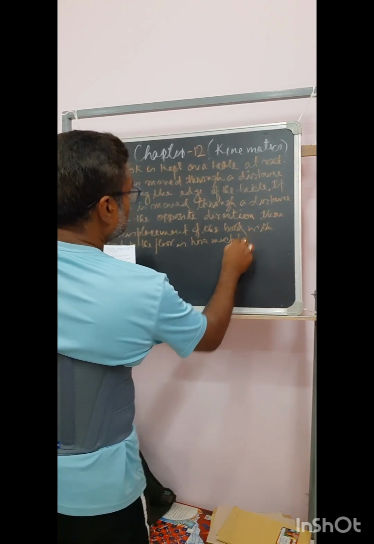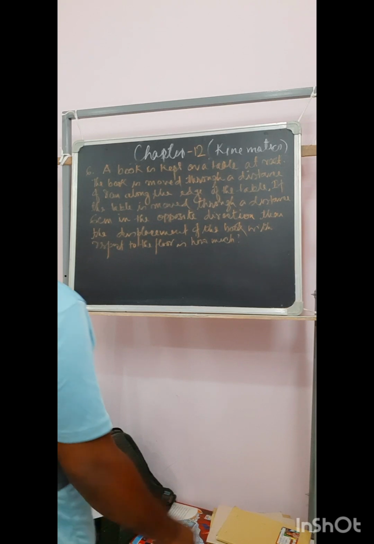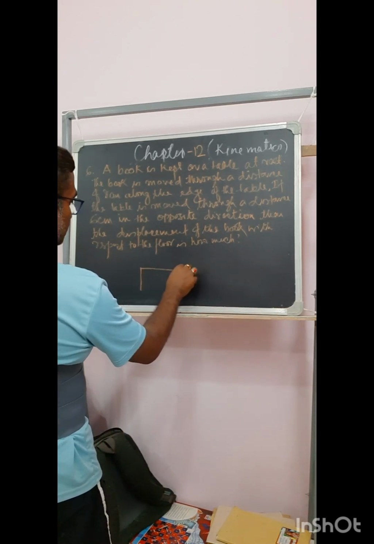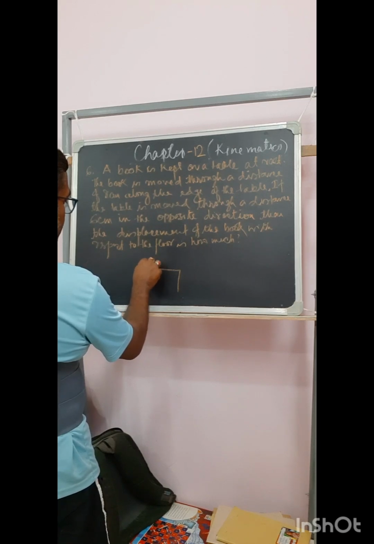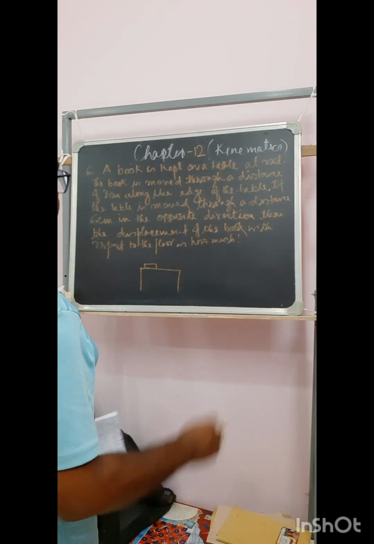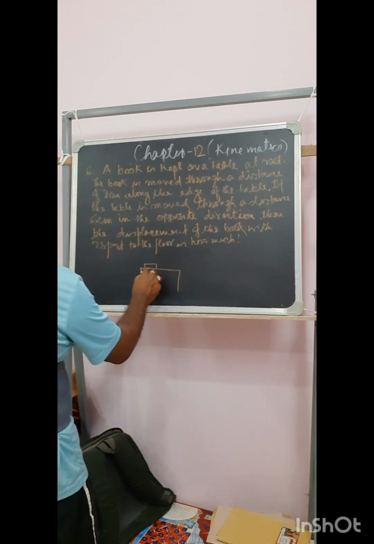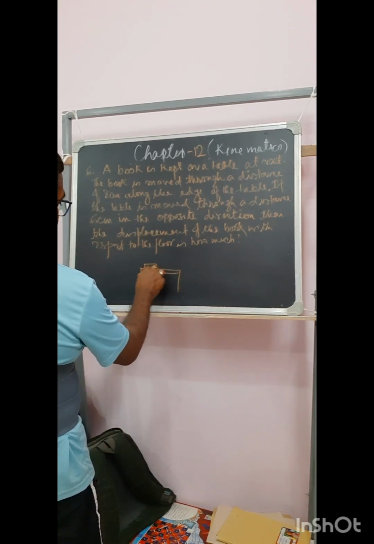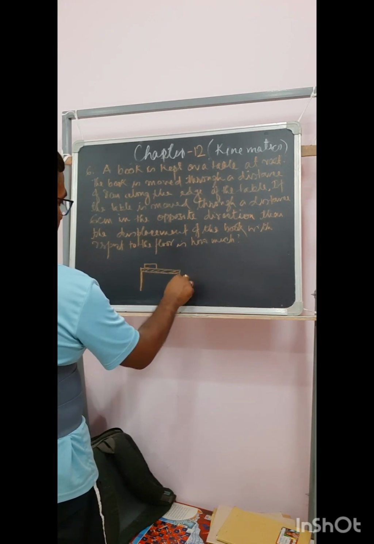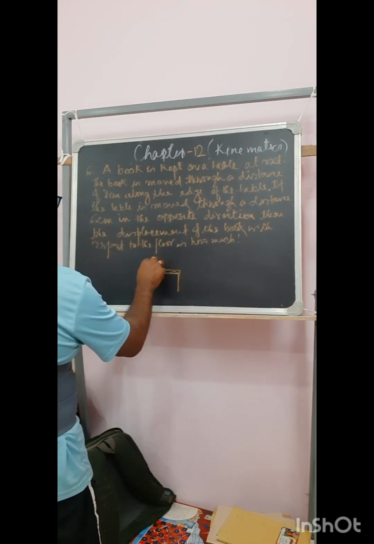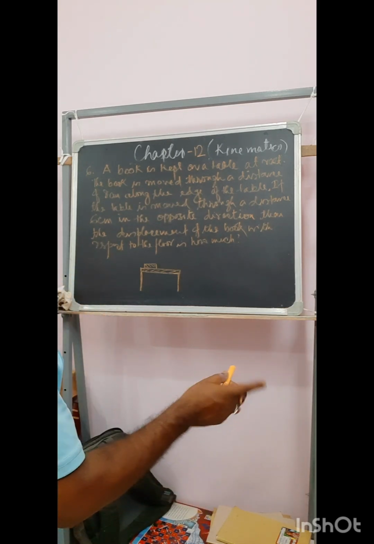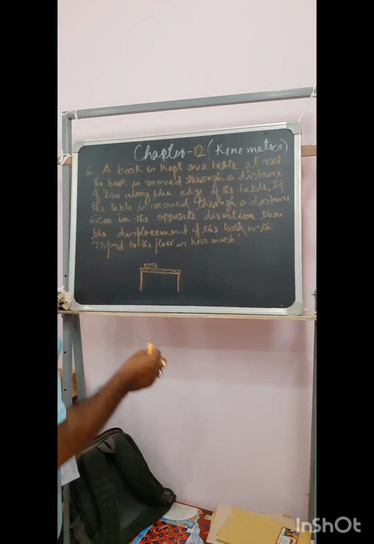Okay, so let me read it out again. A book is kept on a table. Let's say this is a table. A book is kept on it, at rest. This is a table on which a book is kept. This is its leg, and this is the book. At rest, the book is moved through a distance of 8 centimeter.